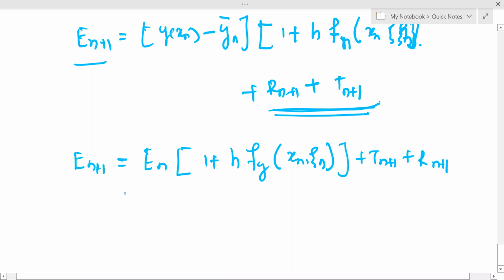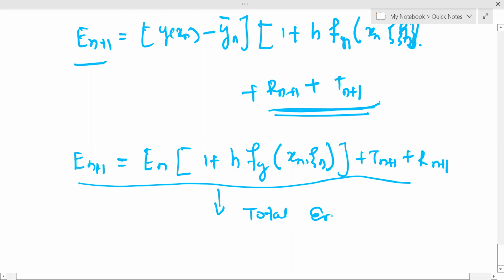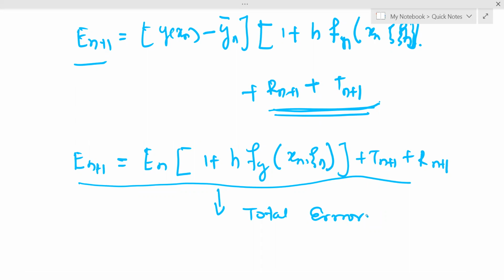This is the error analysis for calculation of the total error. The first term on the right hand side is called the propagation error from the previous yn.